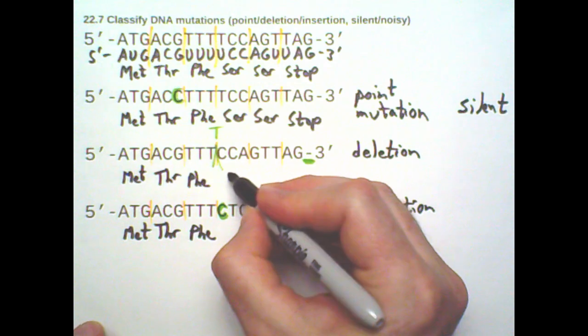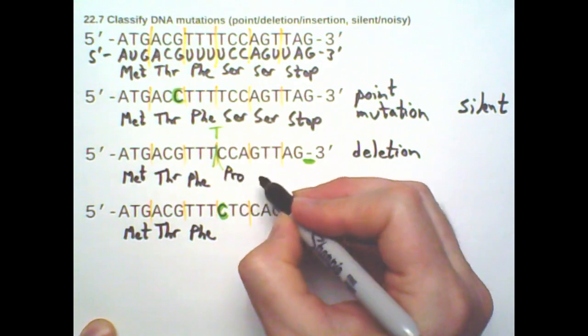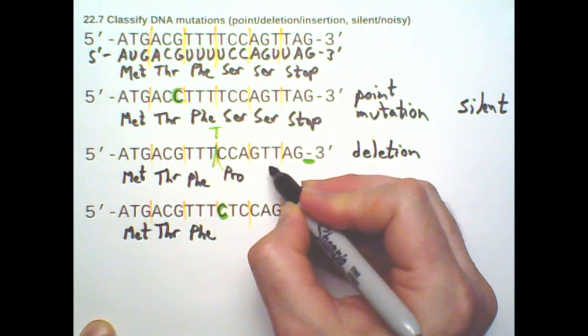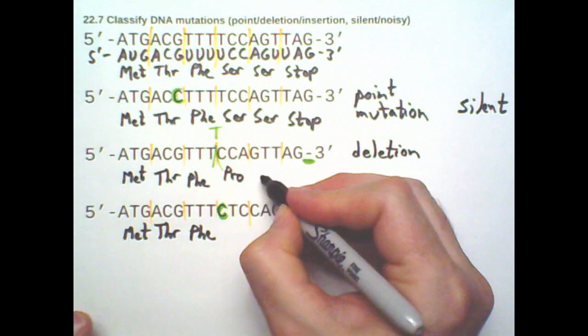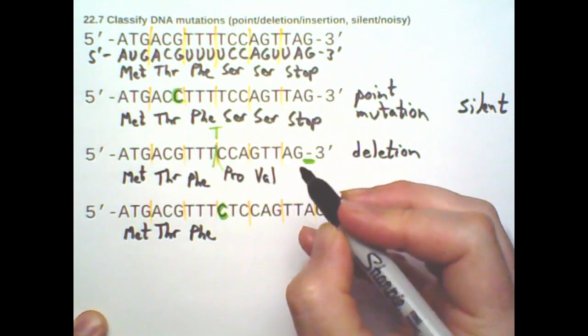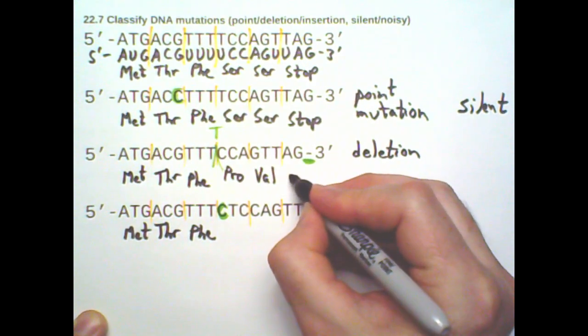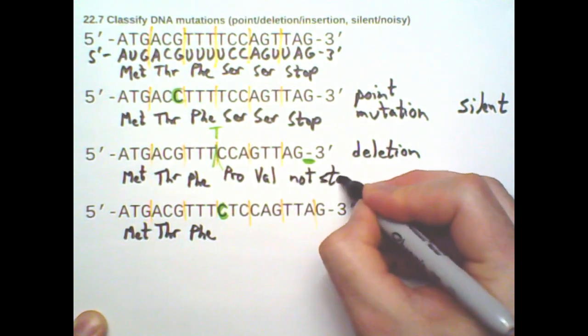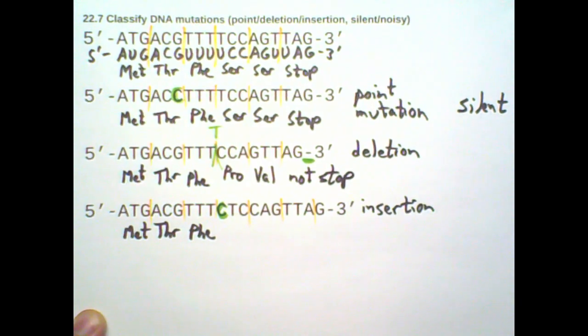Checking our chart gives us proline. GTT is GUU in the RNA, gives us valine. And AG is not a stop. The machinery won't know to stop.